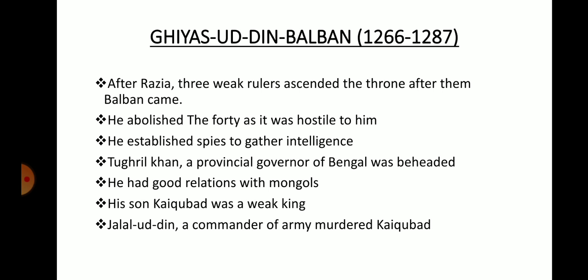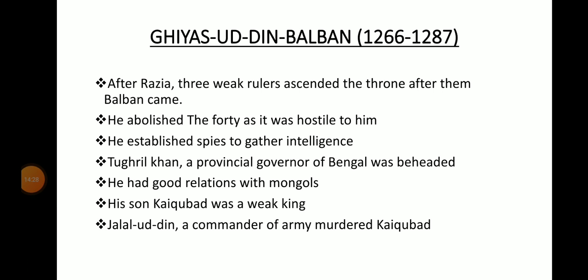Okay, and his son Kaikubad is the final and the last king of the slave dynasty. He was a very weak king, and finally he was murdered by his army commander Jalaluddin.